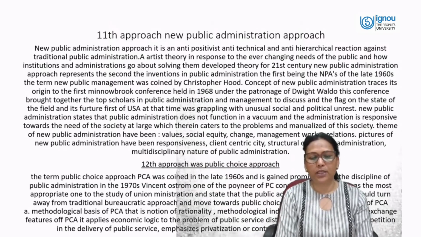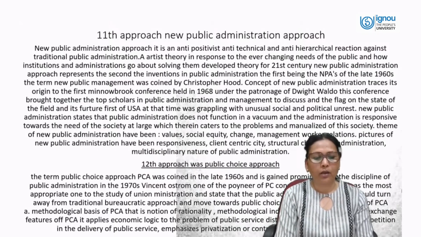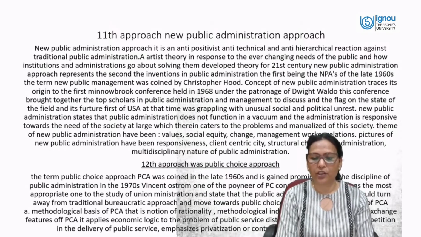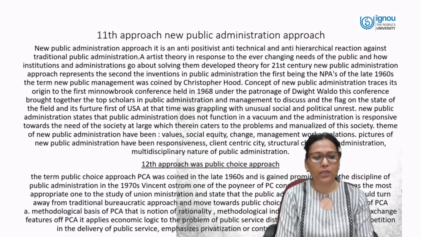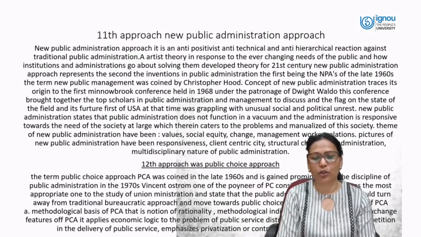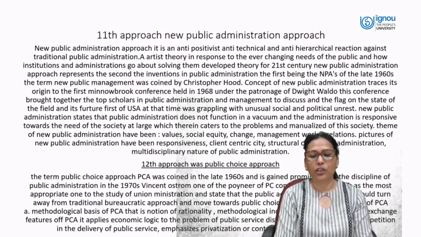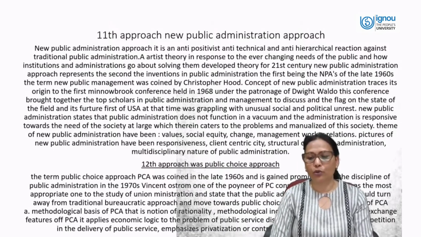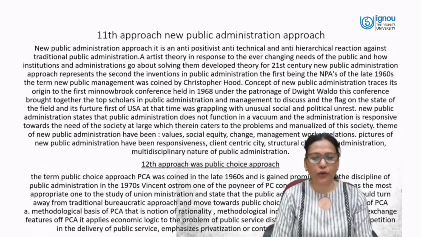Basic features of PCA: first was the methodological basis of PCA, that is, the notion of rationality, methodological individualism and political exchange. It applies economic logic to the problem of public service distribution, removes complications in the delivery of public services, and emphasizes privatization or contracting out to reduce wastage. That was there in the public choice approach.